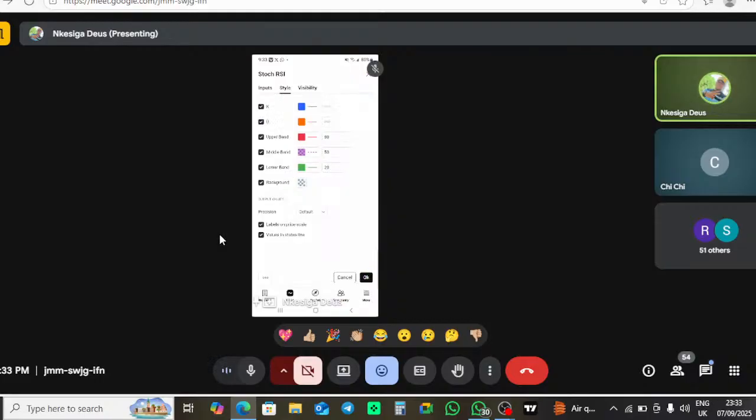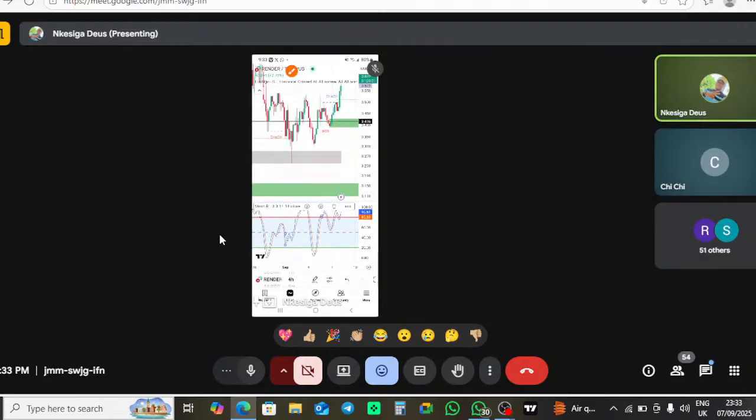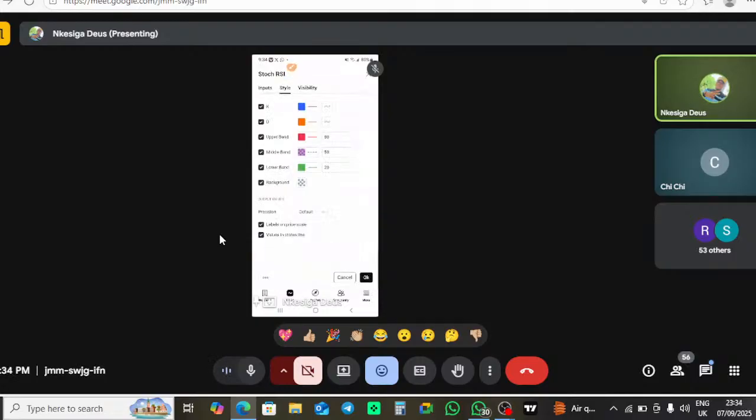I can show you here. This is what I'm talking about, these two lines that are moving. We have orange and blue. The blue is always in front, if you can observe well. The orange follows after blue has decided. Are we together? So we go back to settings, and these are the lines we are talking about.